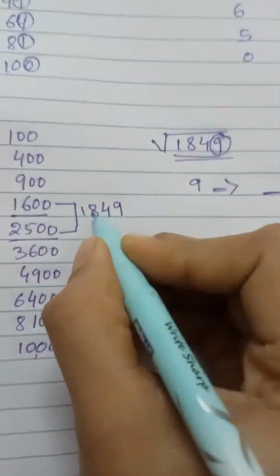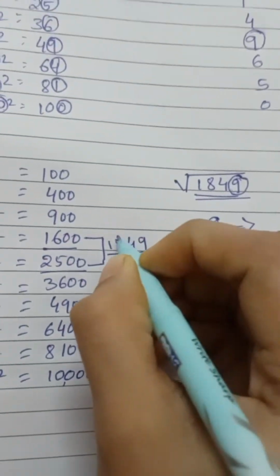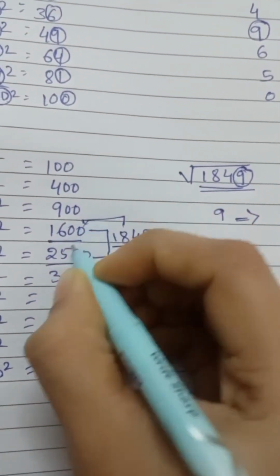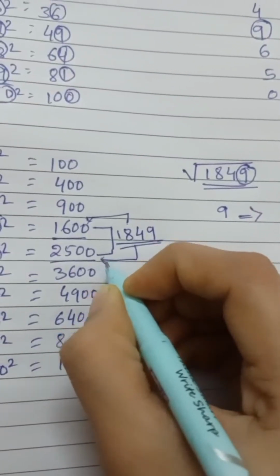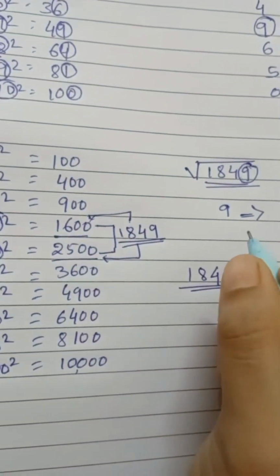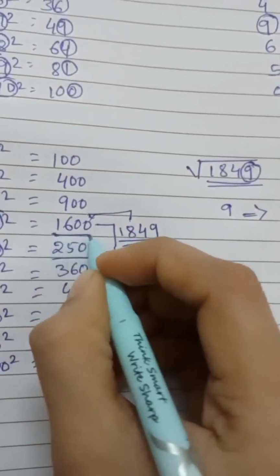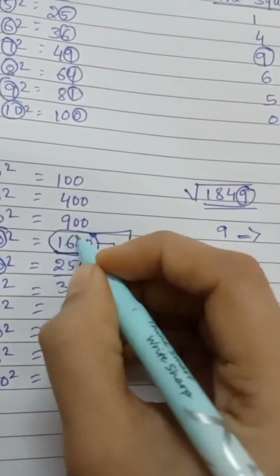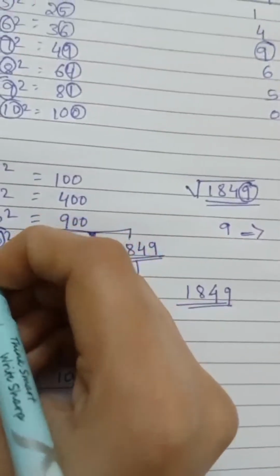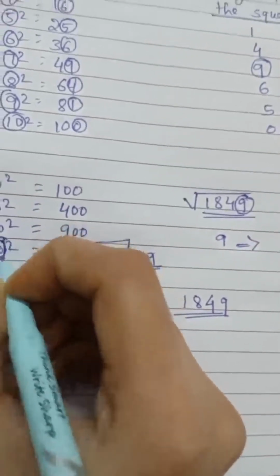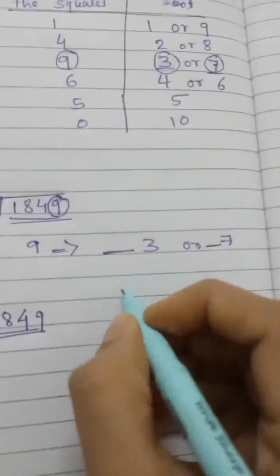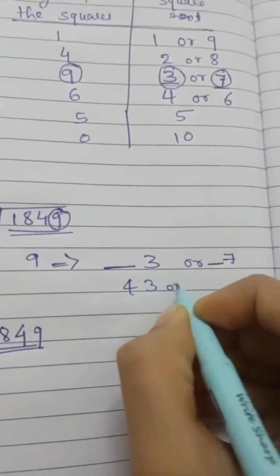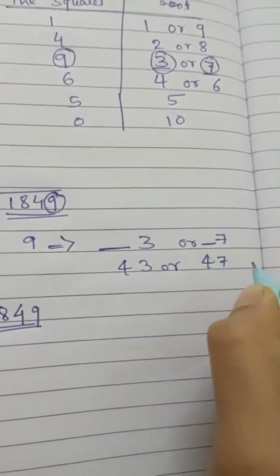And is this 1849 near to 1600 or 2500? It is near to 1600. So it is near to the lesser number. That means the square root should be near to 40. So here 43 or 47 we have.